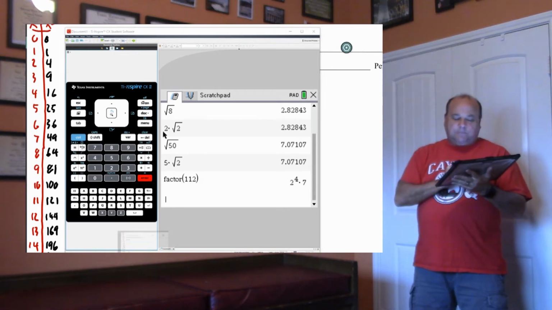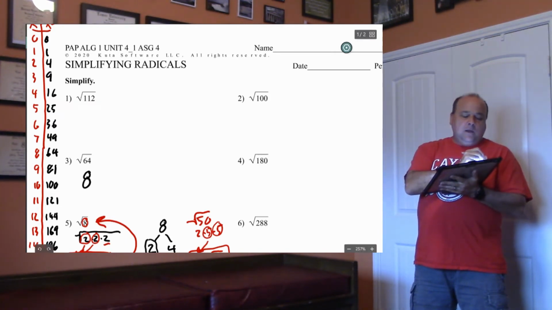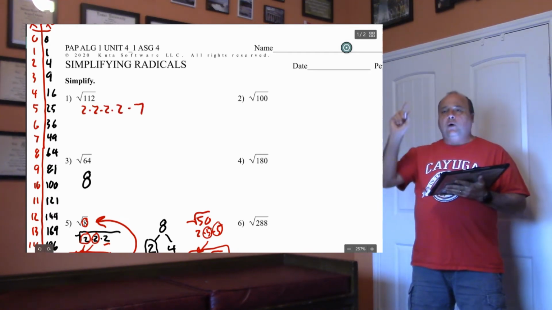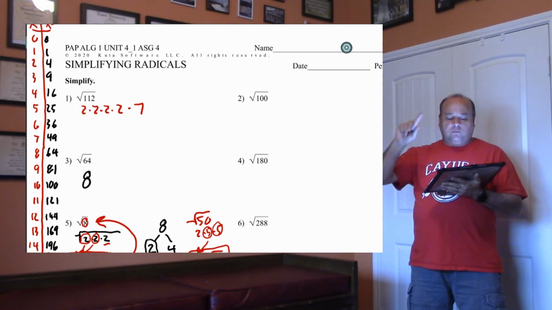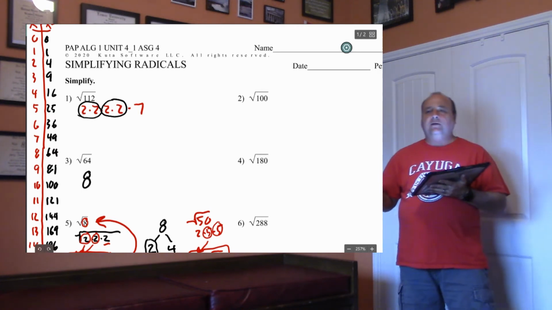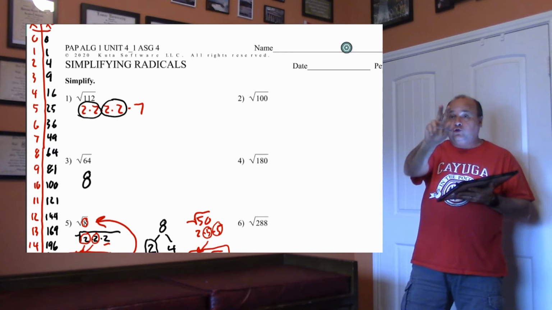So let's go back to the paper. And the answer was 2 to the 4th times 7, right? So I'm going to write down 4 2s, don't use an exponent, and 1 7, right? So 112 is 2 to the 4th, write down 4 2s and a 7. Now go up here and circle your pairs. I would do one circle like this. Notice how many pairs of 2s did I circle? I circled 2 of them, right?